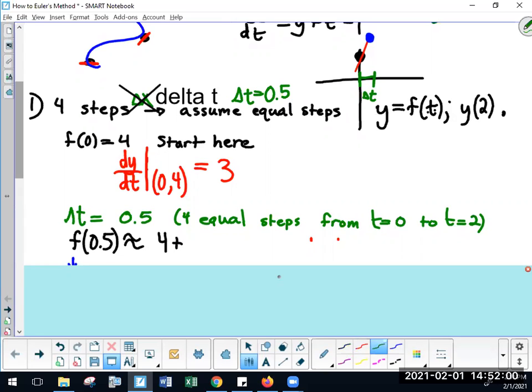We add to that 0.5 of the slope we found of 3. That is going to give us the new y value. So the new y value is approximately 5.5. So the coordinates of this point up here are 0.5, 5.5.